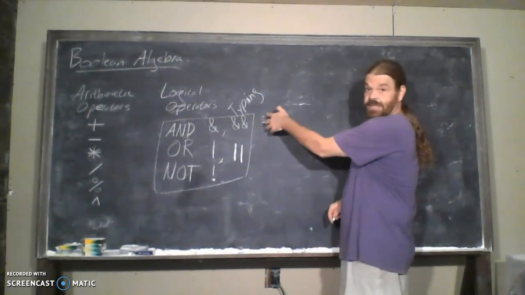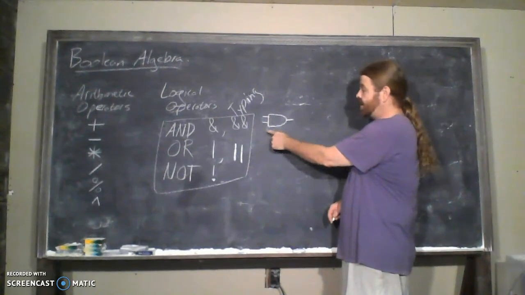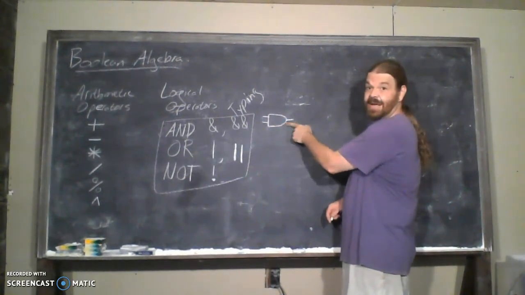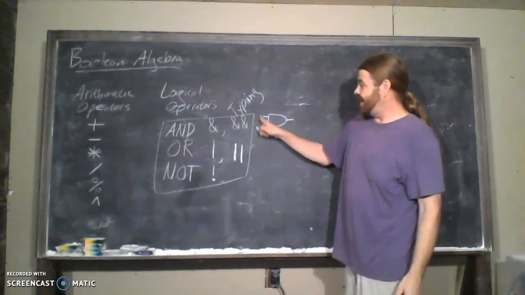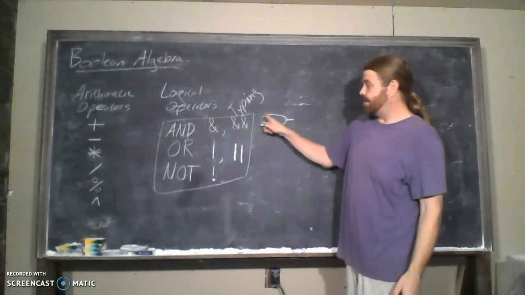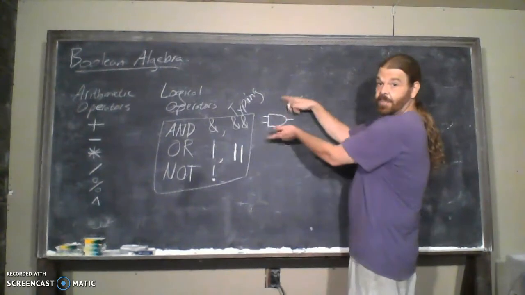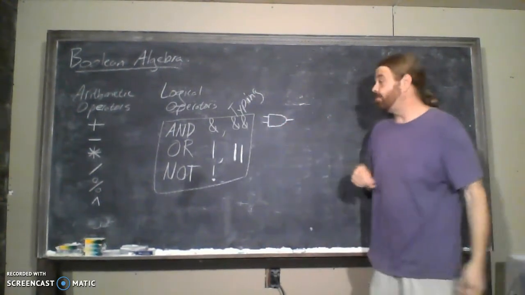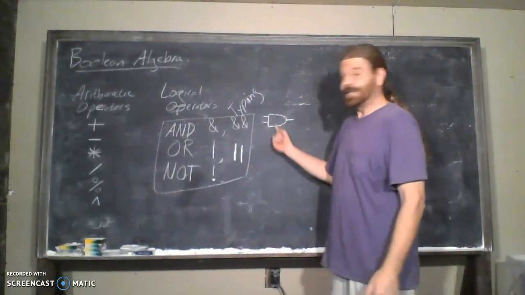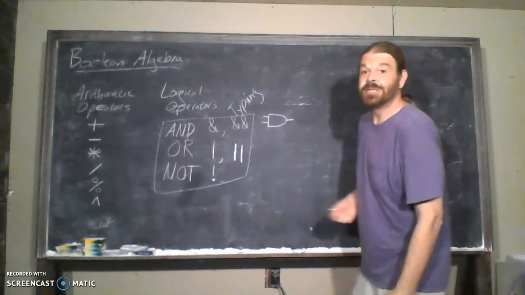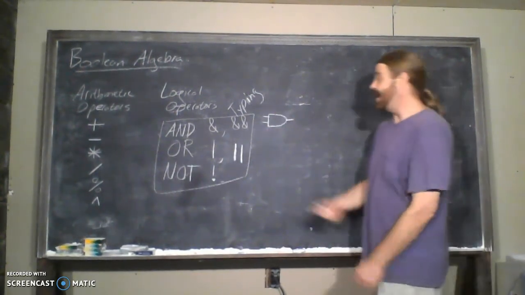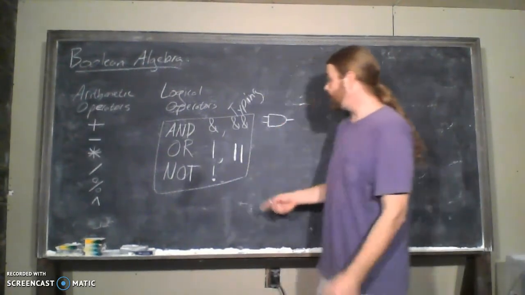So we have two lines coming in, and then kind of half an egg and one line coming out. So whatever signal is feeding in, a 1 or a 0 coming into each line, and then we combine them with an and and get the output from that. So that's the diagram for the physical representation of and in a circuit.